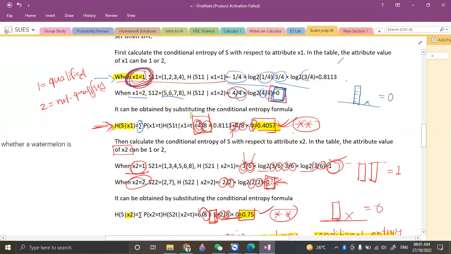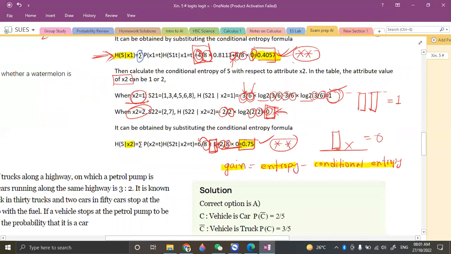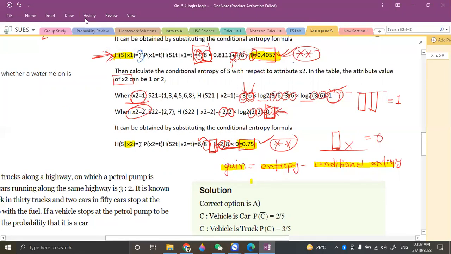You have to look back at the summation, I mean the total conditional entropy line. So this is x1, and here is x2, okay? So for x1 it is 0.4057 and for x2 it is 0.75. And so we write down the entropy.